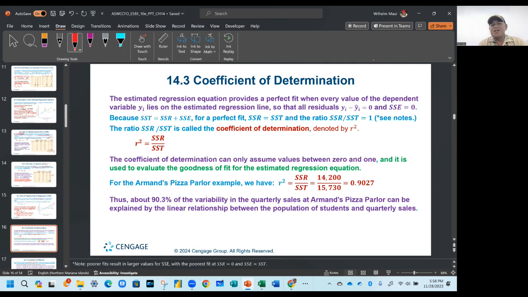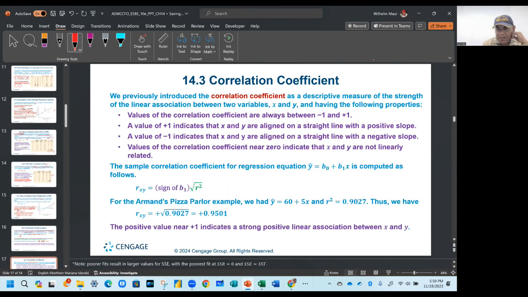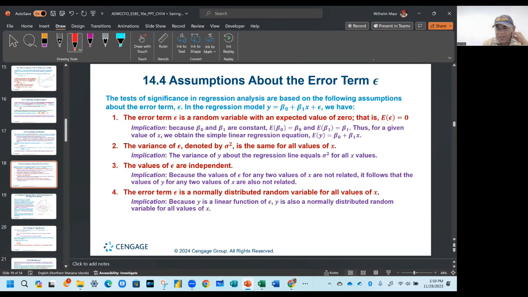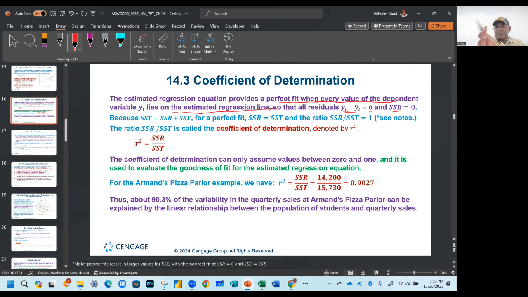The estimated regression equation provides a perfect fit when every value of the dependent variable y lies on the estimated regression line, so that your difference is zero, right? Your error is zero. There's a chart here that helps explain. What we're saying is that the estimated line and the observed values are going to be right on top of each other.